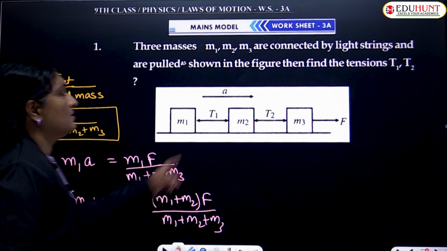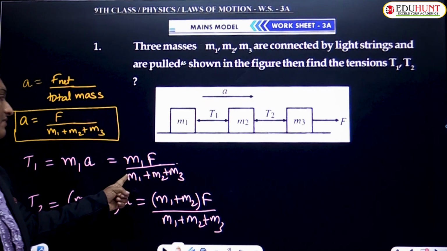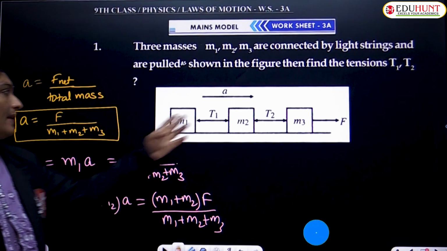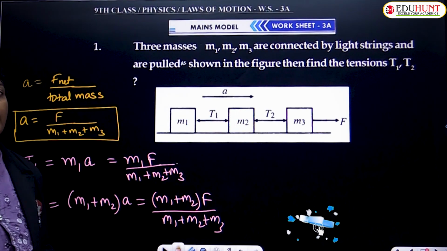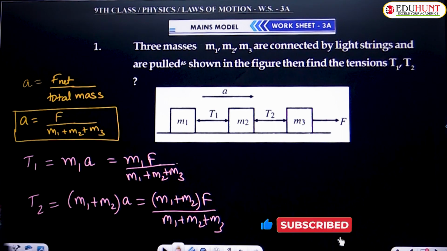Hence, the value of T1 is found to be M1F by M1 plus M2 plus M3, and the value of T2 is found to be M1 plus M2 into F upon M1 plus M2 plus M3.